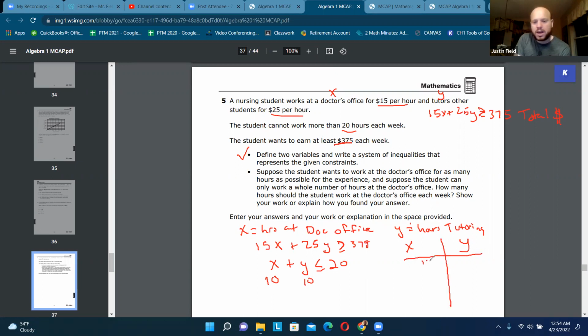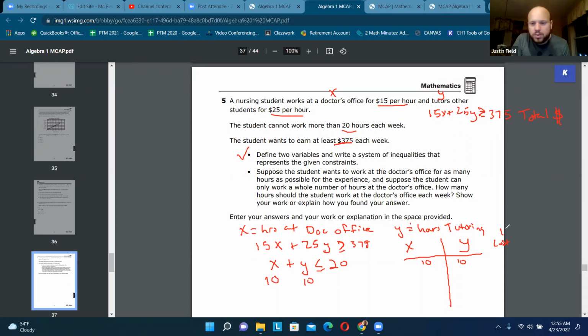And we'll make an educated table. So X was 10 and Y was 10. Would that work? Would that be greater than 375? Because that's what we want. So let's look at the total and see if it's greater than 375.